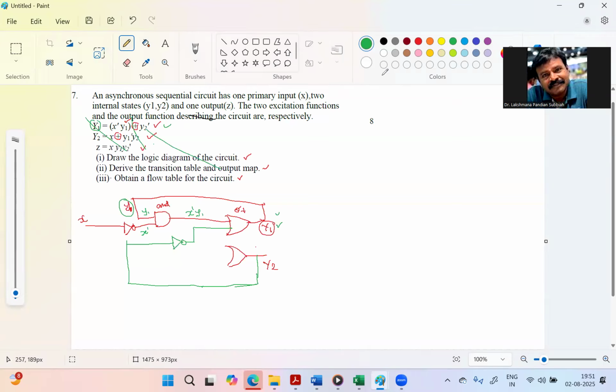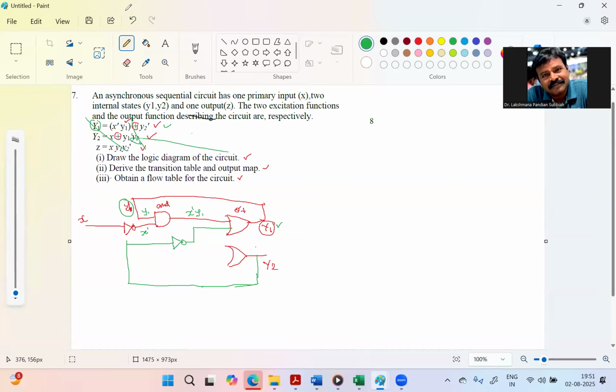Now the second function: X plus y1 dash y2.